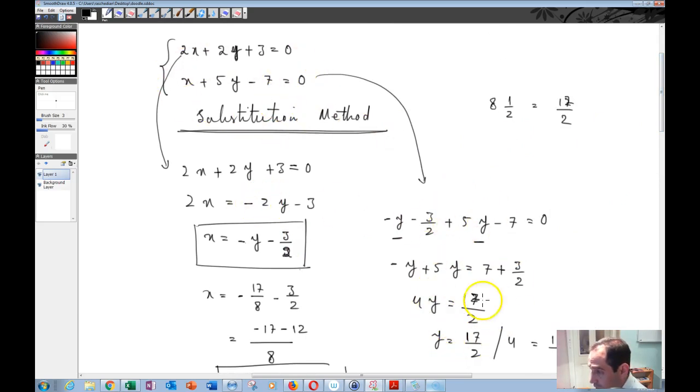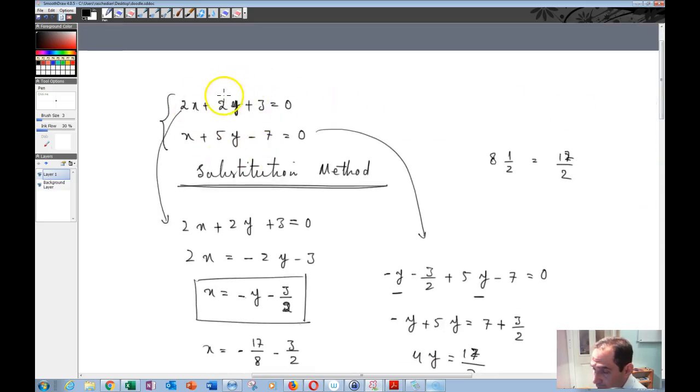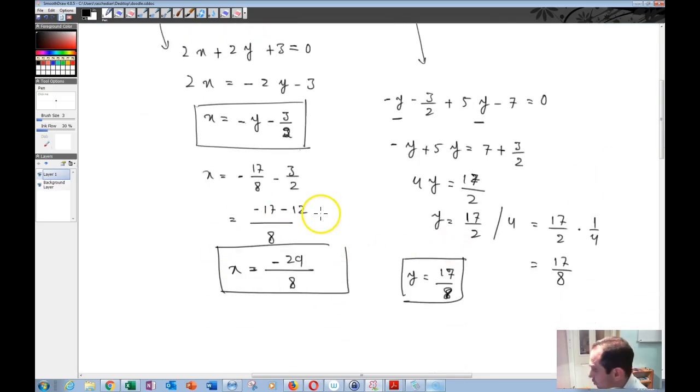That way you will get some value, for example y, and then now you know the value of one of your variables. Then you can again take this value and put it in any of these equations, and that way you will be able to calculate x as well. And that's basically all that you do here.